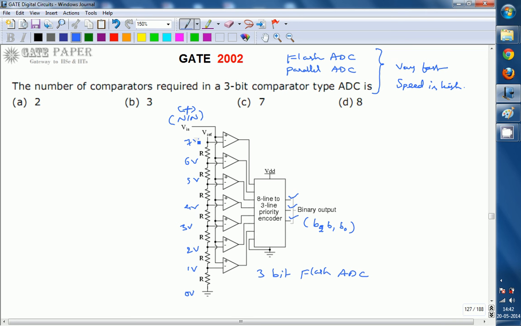In a normal encoder, only one input is active at a time, even though it has many input lines.